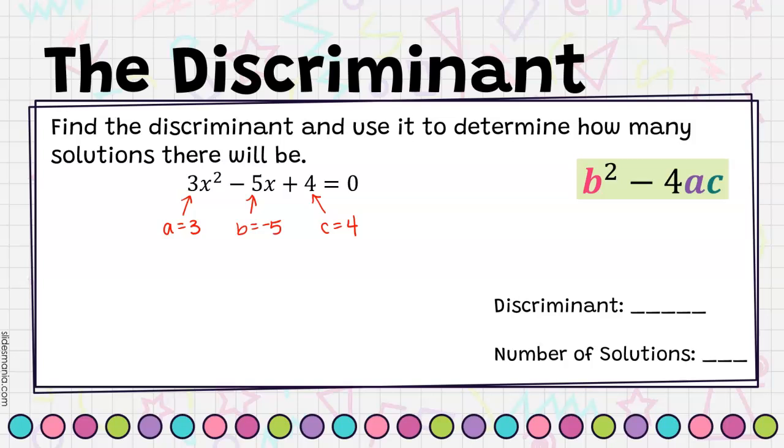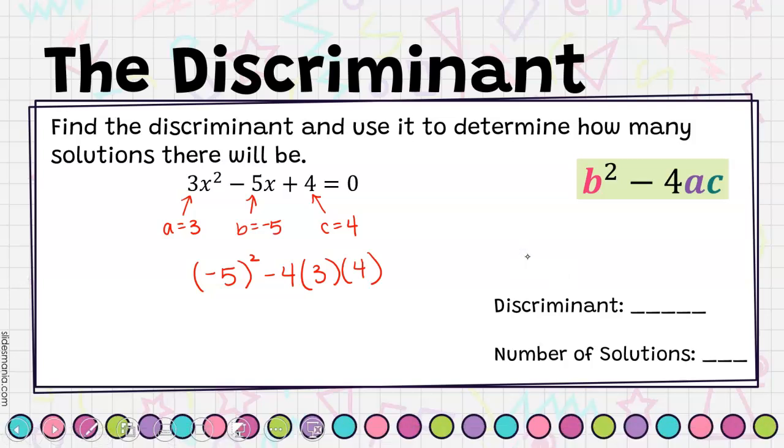Be careful of your parentheses. You would get B squared minus 4 times A times C. Now, take a moment and either plug that into your calculator or do some scratch math on your scratch paper in order to figure out what is the value of the discriminant here.